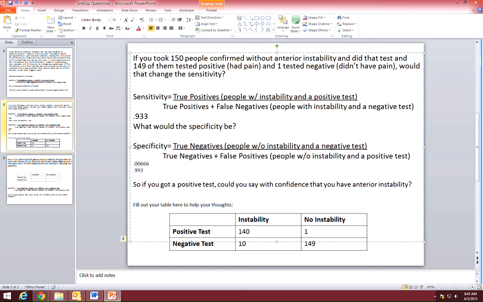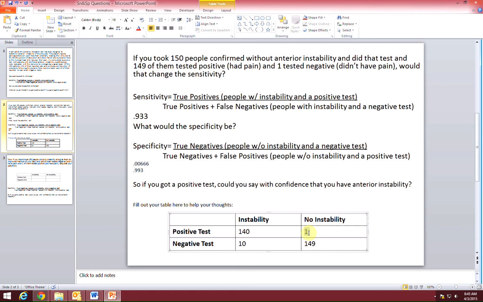And so now that we have a test that is highly specific, we can say that if you get a positive result, then you likely do have the pathology, because the false positives are so low. Because this number up here is so low, and it's a reflection of very highly specific tests, that if you do have a positive test, you in fact likely do have the pathology.